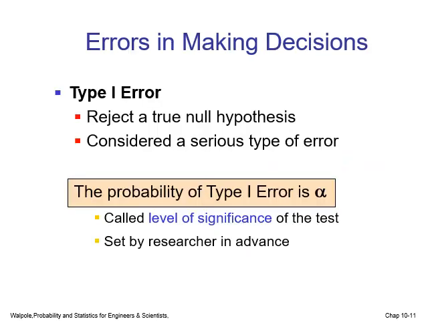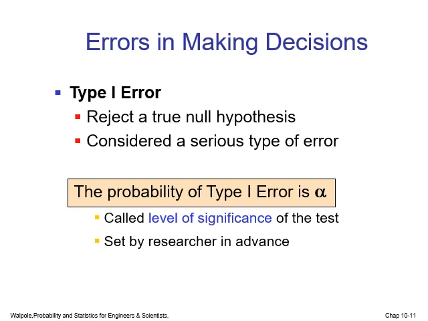So there are two types of error when making a decision. We have type 1 error, which is the rejection of the null hypothesis when it is true. When it is true, rejecting a true null hypothesis, we call it type 1 error.